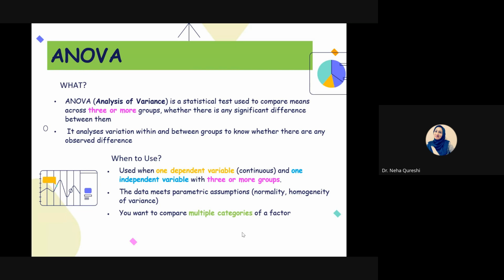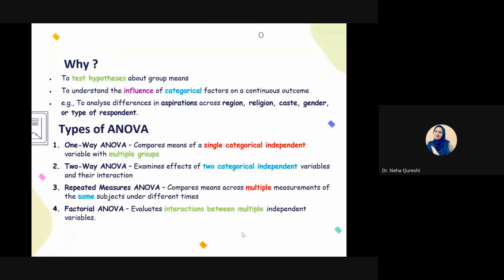And of course, ANOVA is a parametric test. It's a robust test, so it needs to follow the assumptions of normality and homogeneity of variances. Then, we use it to test the hypothesis about the group means, and to understand how these categorical variables or factors affect the dependent variable, or the continuous outcome variable.